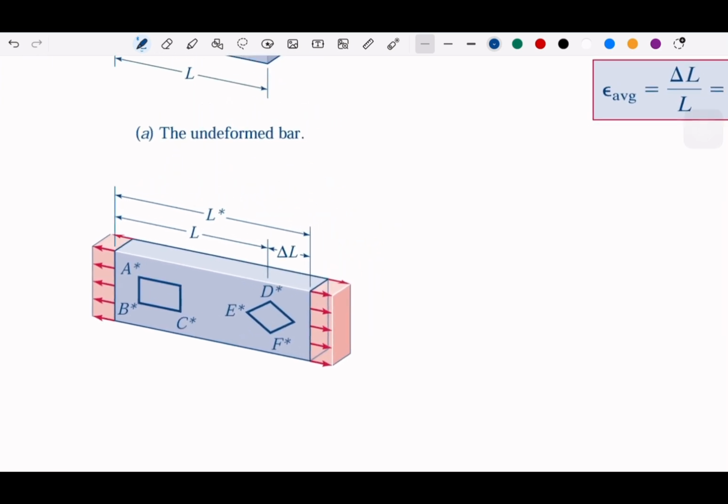Okay, so if the L asterisk is greater than the original L, we call this strain, using the epsilon, positive, and it is called tensile strain.